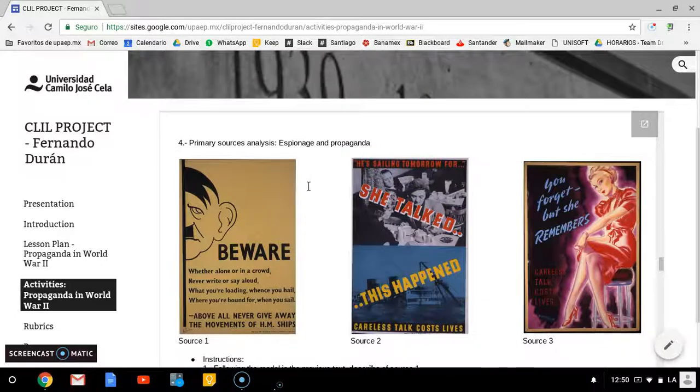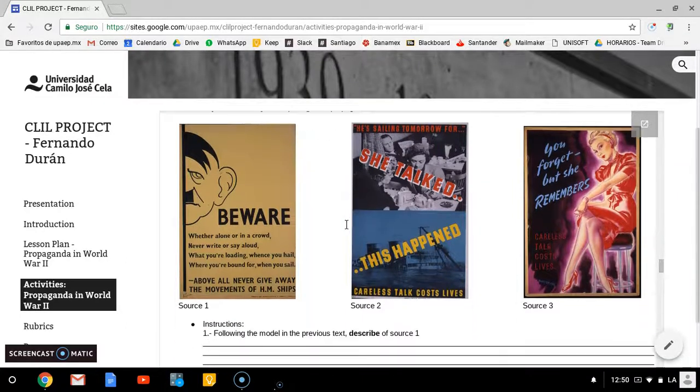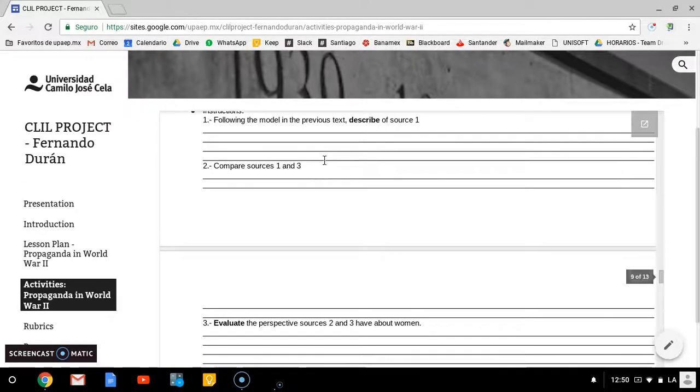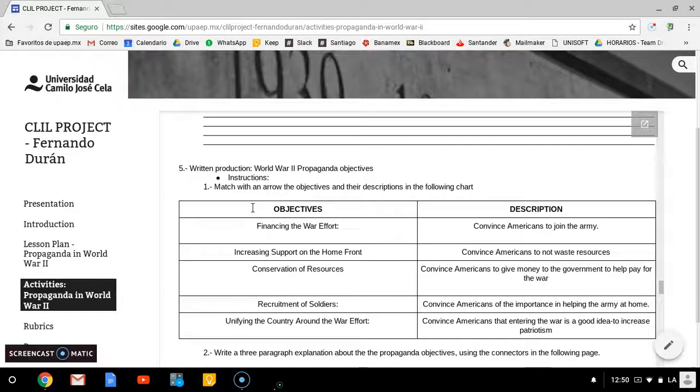Similar to this is the activity on primary sources analysis about espionage and propaganda. Right here you can find the instructions: using the model in the previous text, describe source number one, compare sources one and two, etc.